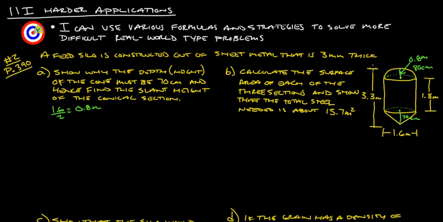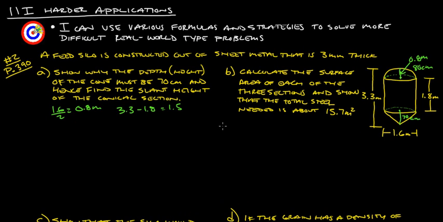So we have this from top to bottom, it's 3.3 meters, and we know that this piece is 1.8. So we can take 3.3 and subtract 1.8 to get 1.5, and that's this piece and this piece.